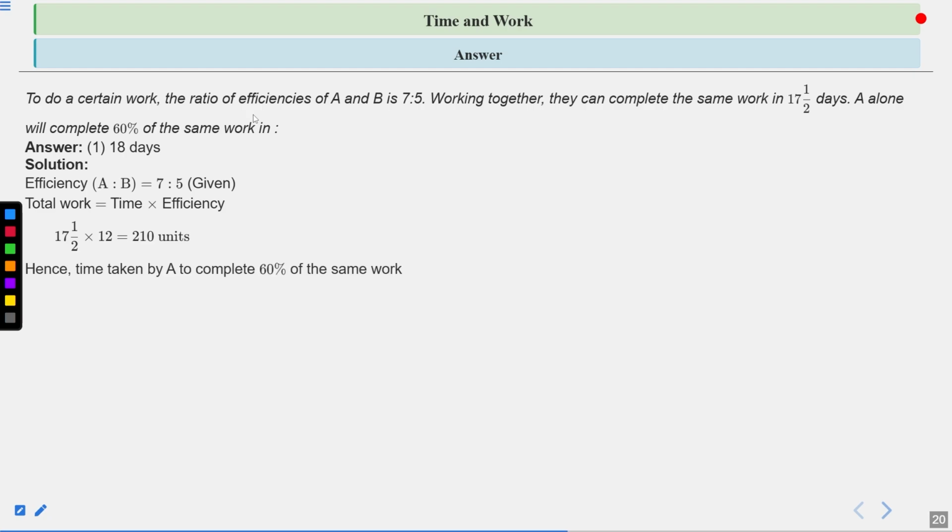Hence, for the time taken by A to complete 60% of the same work, we calculate 60% of the total work, which is 210 units, and divide by the efficiency, which is 7 units. When we simplify it, we can write 60 upon 100 into 210 upon 7. So when we simplify, we get 18 days. So the first one is the correct answer of this question. Next one.